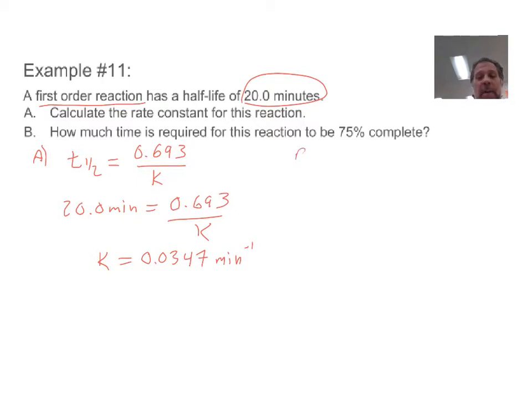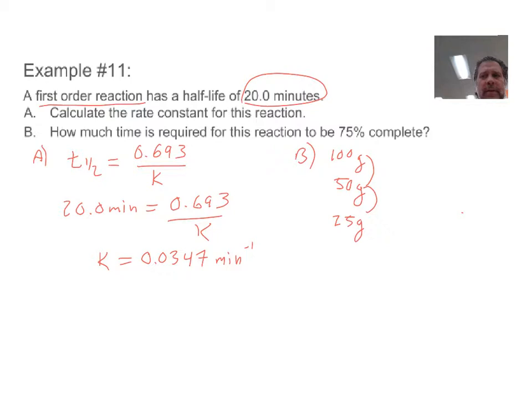For B, the question is asking how much time is required for this reaction to be 75% complete. Think about it again in terms of if I have 100 grams and I cut that in half, that would be 50 grams, and I cut that in half, that would be 25 grams. So 20 minutes is 50% done, and 25 minutes would be 75% done.